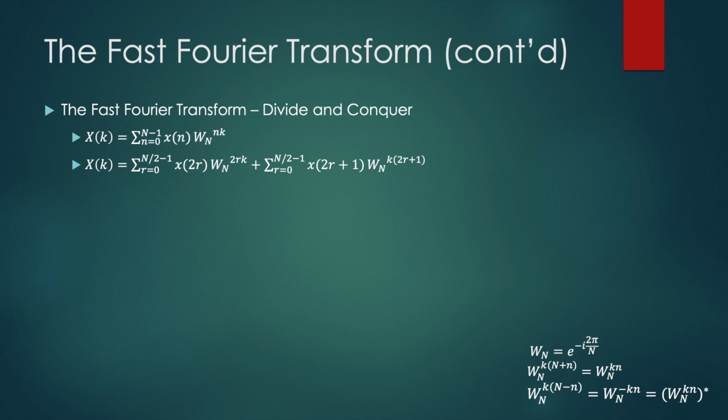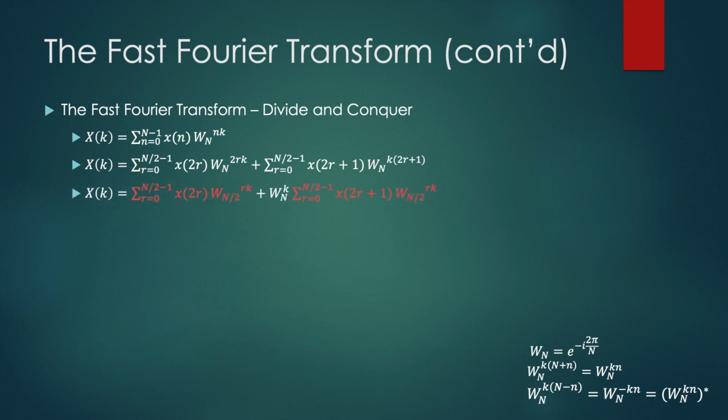We know Wn is equal to e to the minus i 2 pi over capital N. If we had 2 at the top of that, instead of multiplying the numerator by 2, we can divide the denominator by 2 and have capital N over 2 in the denominator. And in that case, we just have W of N over 2. And so we can rewrite it as W N over 2 to the rk, and that would give us a DFT of half the size.